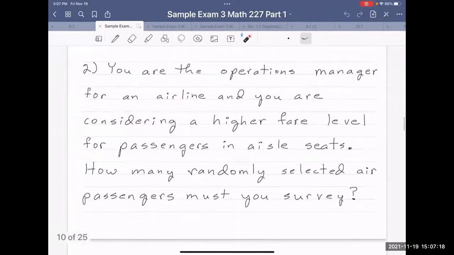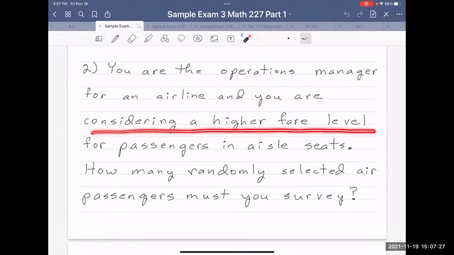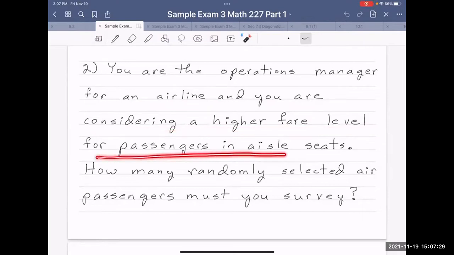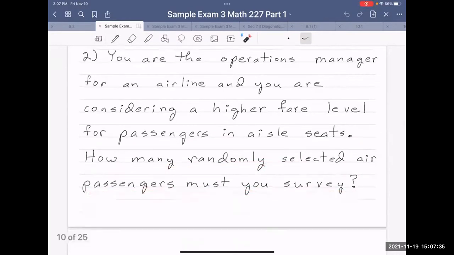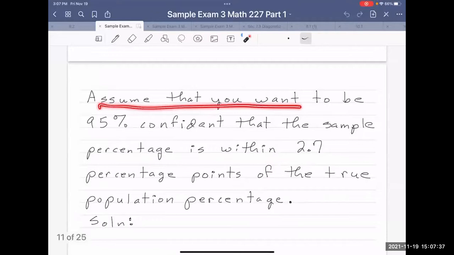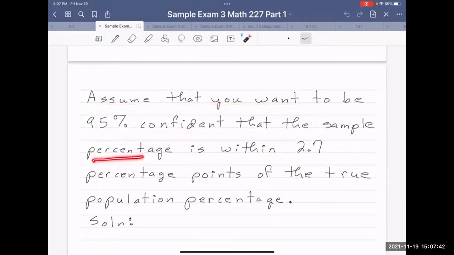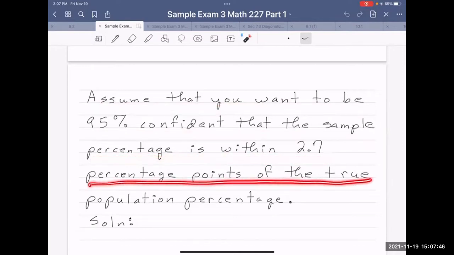Problem number 2. You are an operations manager for an airline, and you are considering a higher fare level for passengers in aisle seats. How many randomly selected air passengers must you survey? Assume that you want to be 95% confident that the sample percentage is within 2.7 percentage points of the true population percentage.